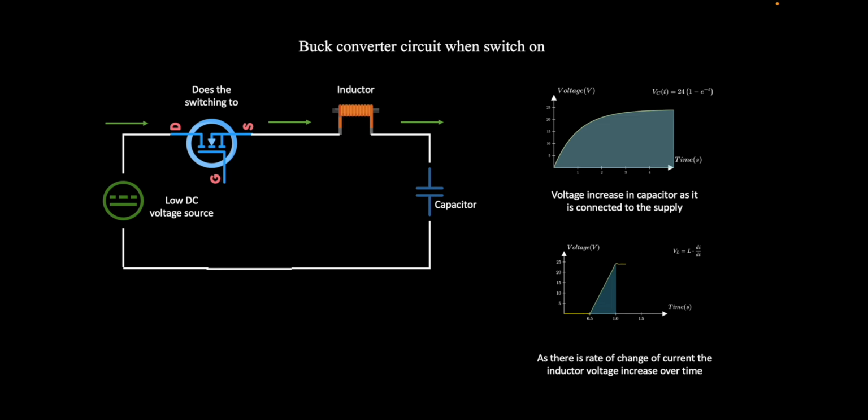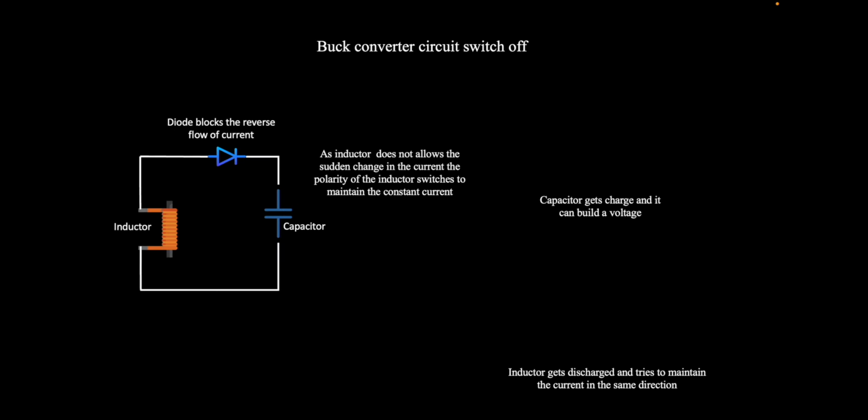So you can imply that the capacitor voltage is always less than the source voltage. That is how you can prove that it works as a buck converter, because the input is higher compared to the output. The output over here is the capacitor voltage.